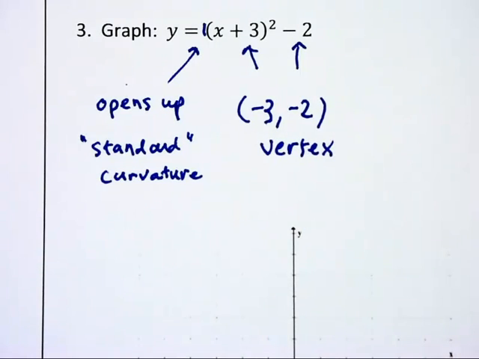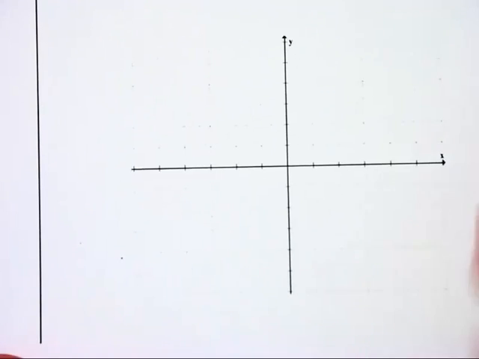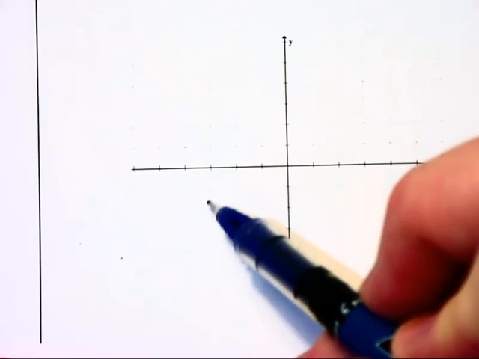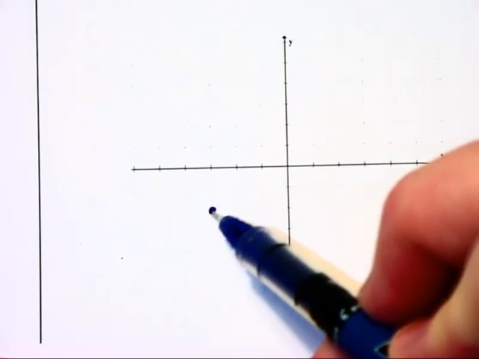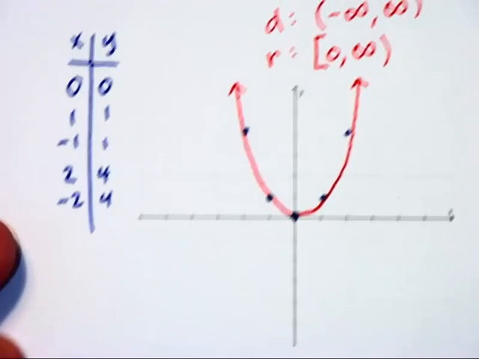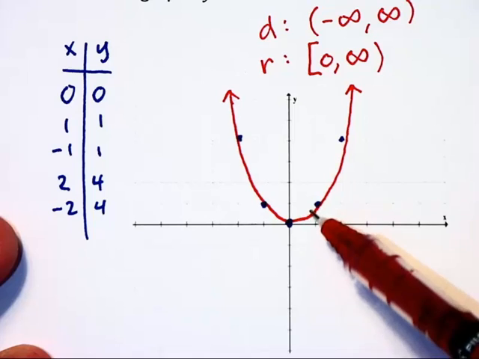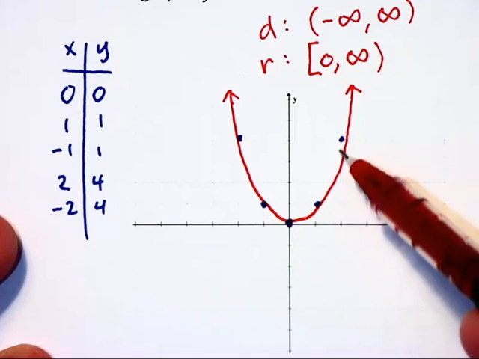So let's go straight down to our graph and plot -3, -2. That will be 3 units to the left and 2 units down from the origin. Now we said that this is going to open up with a standard curvature. If we go back to our standard parabola going through the origin, notice how we can go over 1 and up 1 and over 2 and up 4.